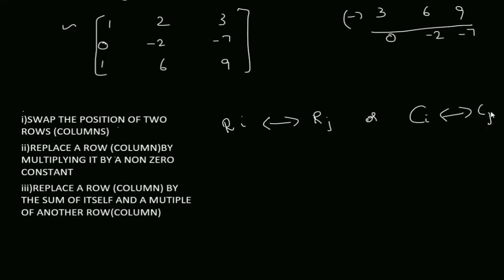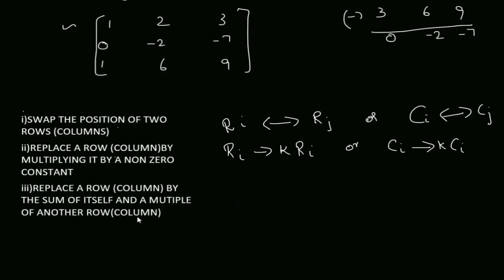The rows are interchanged. Similarly for columns also we can write. Second is replace a row or a column by multiplying it by a non-zero constant, that is Ri is K times Ri. Similarly for columns, Ci is K times Ci.